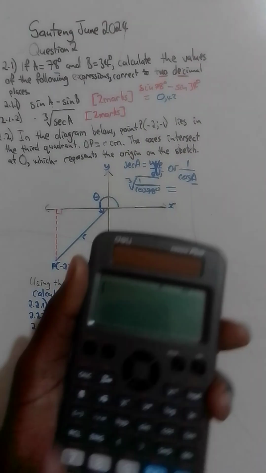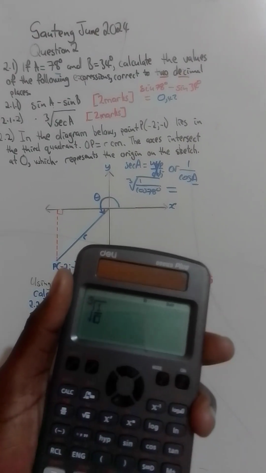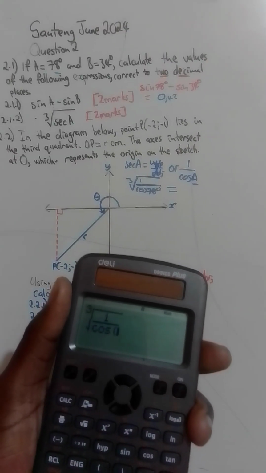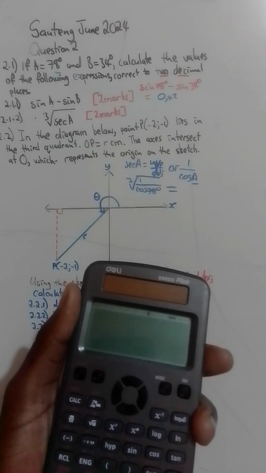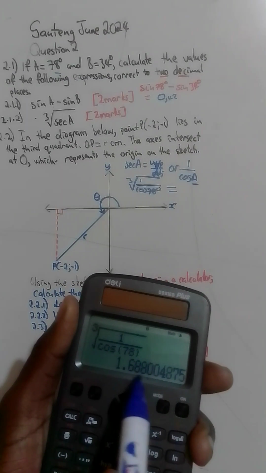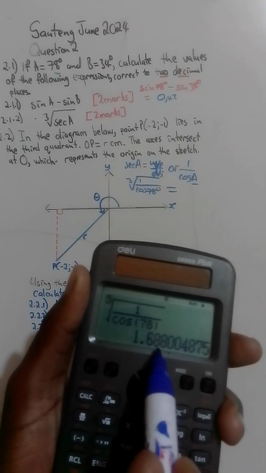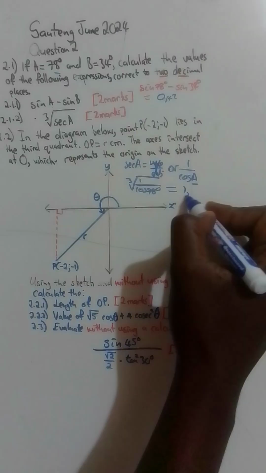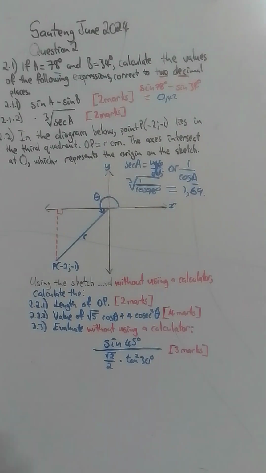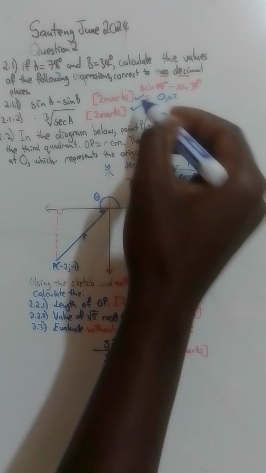Now what do we do? We press shift, then the cube root, and we say 1 over cos 78 degrees is equal to, then we find that it's 1.688. The third decimal number is bigger than 4, which means we add 1 here. The final answer is 1.69. And just like that, we are done. So far we've got our 4 marks, 2 and 2.